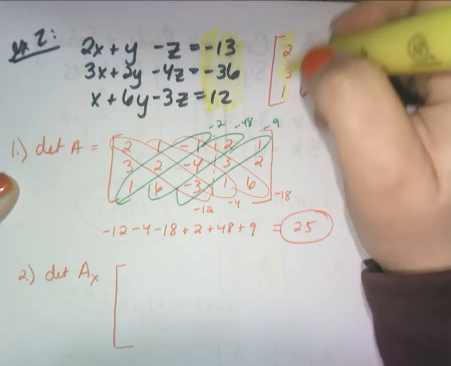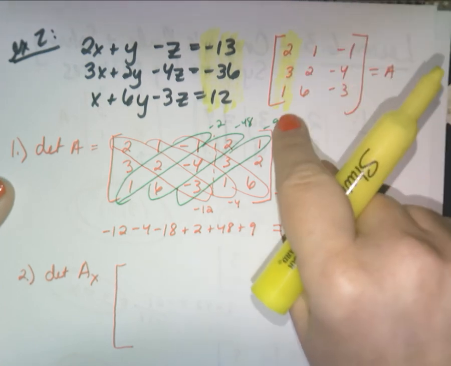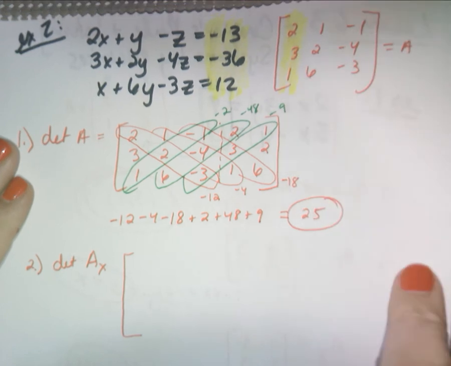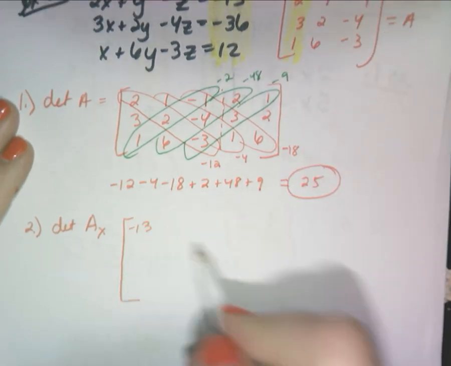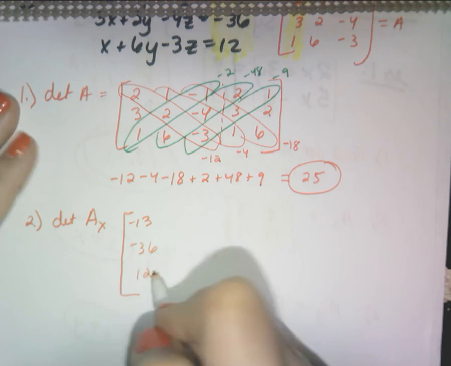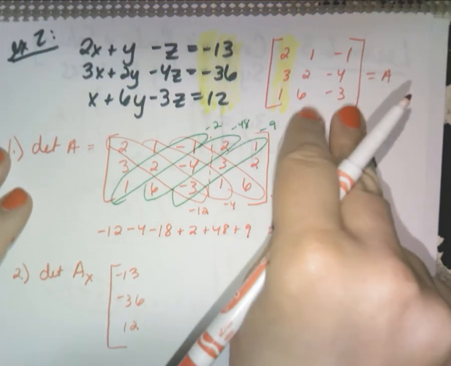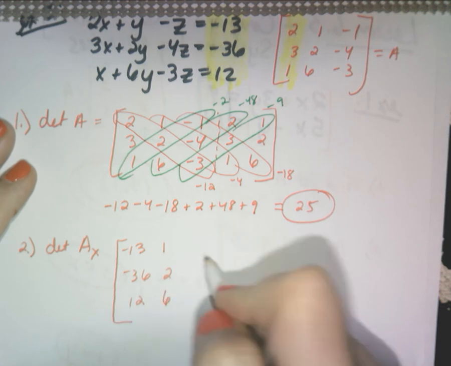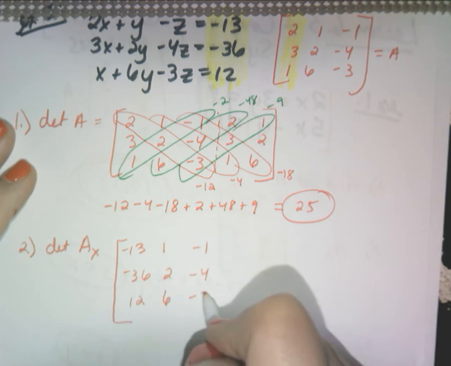So no longer will I have 2, 3, and 1. I am now going to have -13, -36, 12. The other two, the Y and Z columns over here, are going to stay the same. 1, 2, 6, -1, -4, -3.